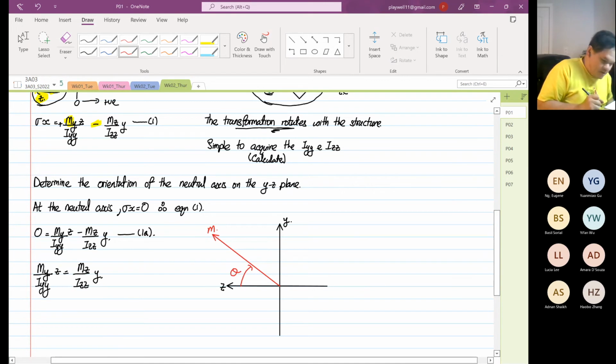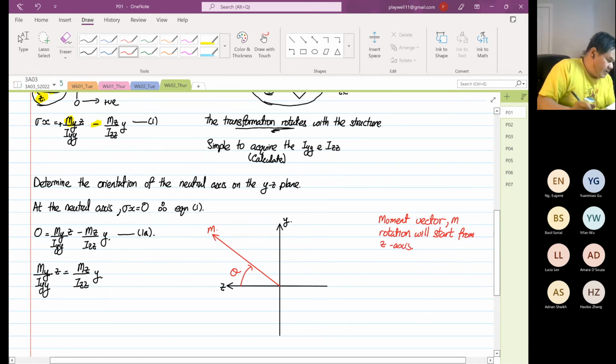The moment vector M rotation will start from the Z axis.